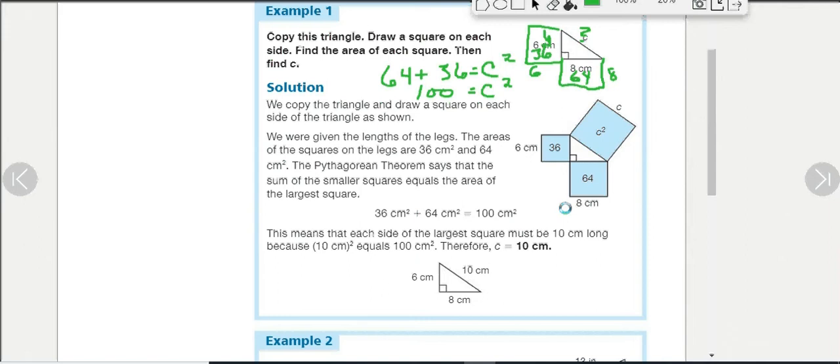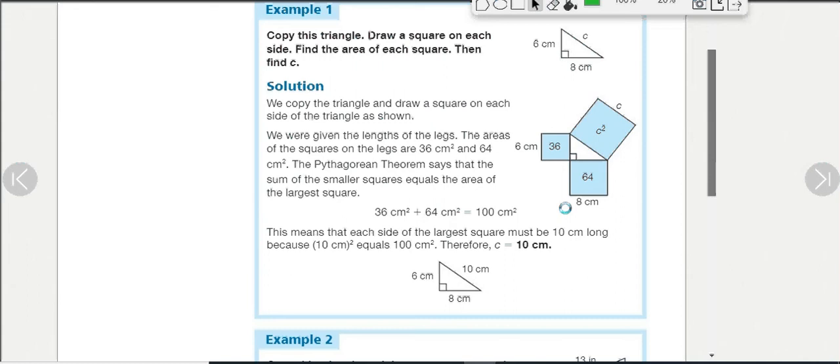What would work for c then? So c would be 10, because if I put in 10 for c here, it would equal 100. 64 plus 36 equals 100. 6 squared plus 8 squared is 10 squared. C is worth 10 centimeters. We learned that without actually knowing the length of c.